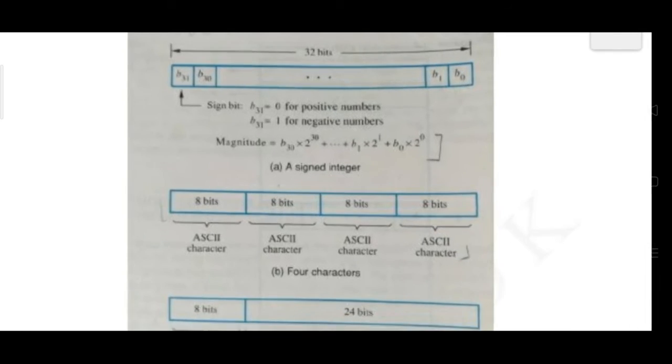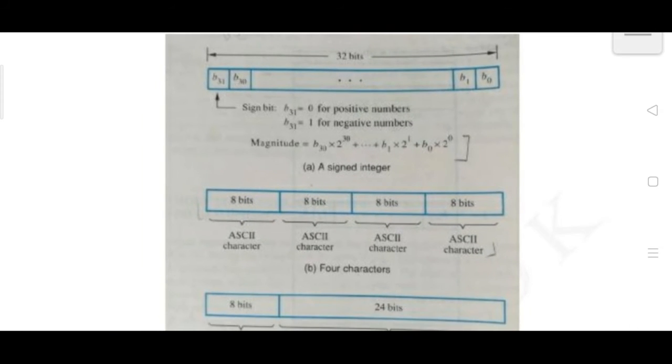Observe carefully: out of 32, the 32nd bit, that is b31, is the leftmost bit identity. This is the MSB, and b0 is the LSB, the least significant bit.